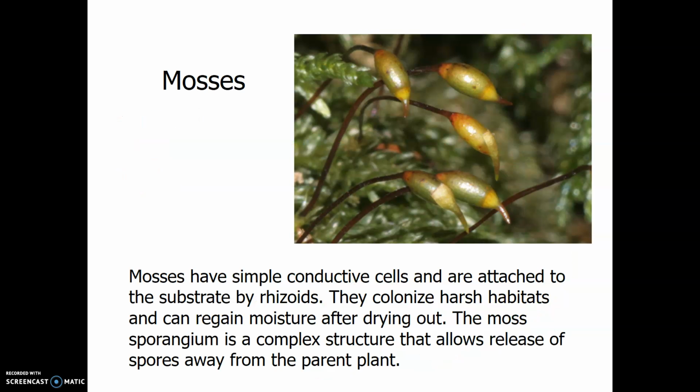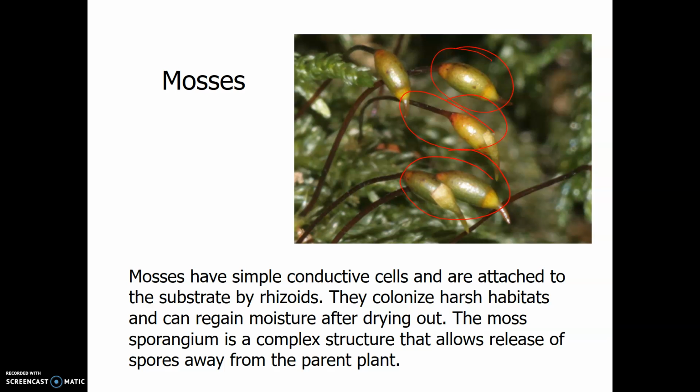And here is a very good picture of the sporophytes of mosses. Mosses have simple conductive cells. They don't have vascular tissue, but they do have conductive cells, and they do have rhizoids, which are similar to roots, but they're not true roots because they don't have vascular tissue.